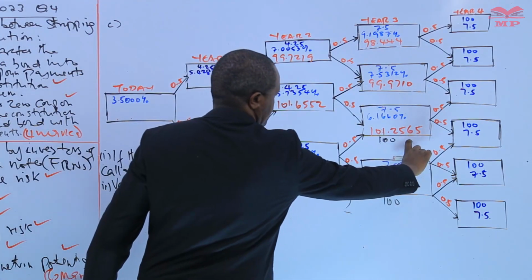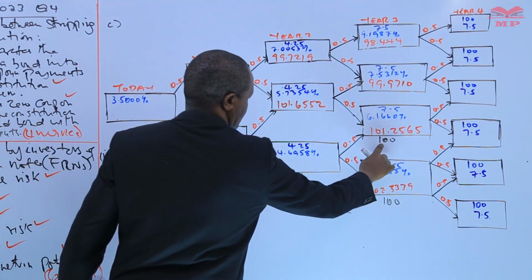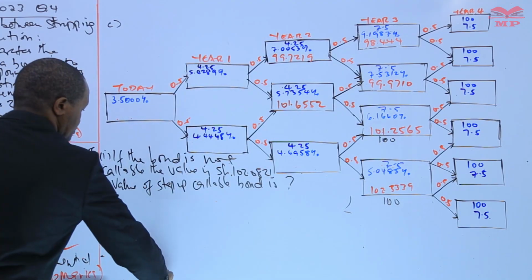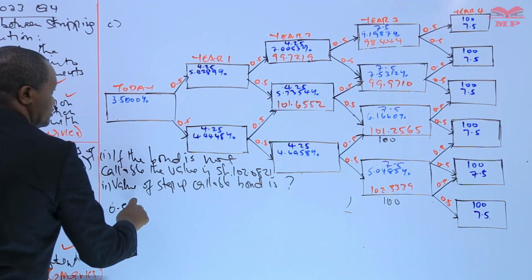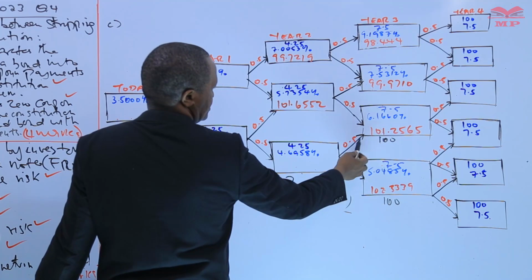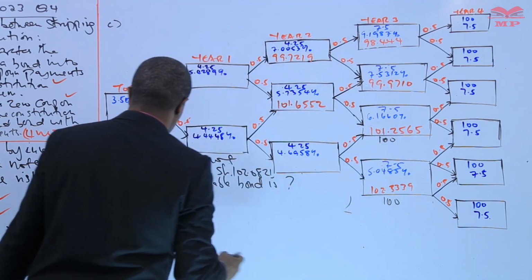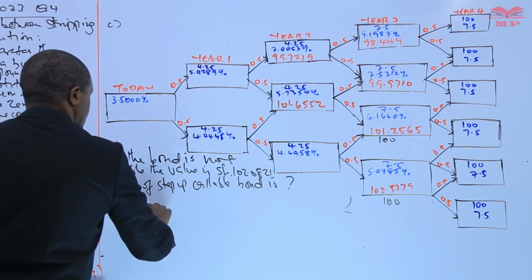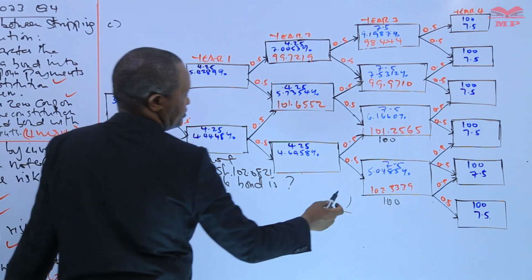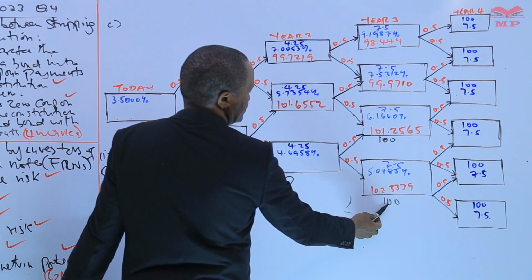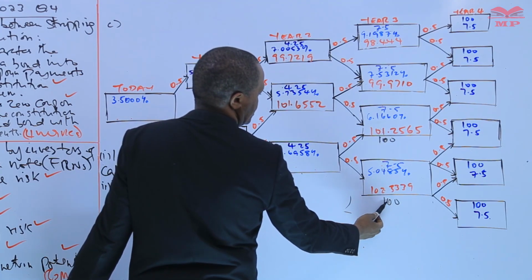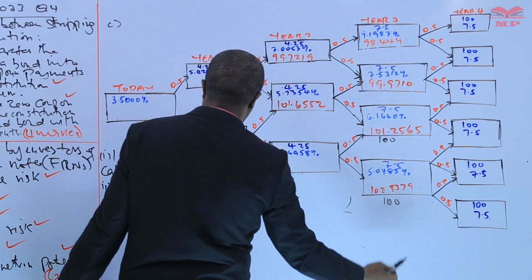At this point, we're going to have the 100, 0.5 times 100 plus 7.5 plus 0.5. Same thing applies here. We're going to use 100 and not 102 because these bonds are called at par.